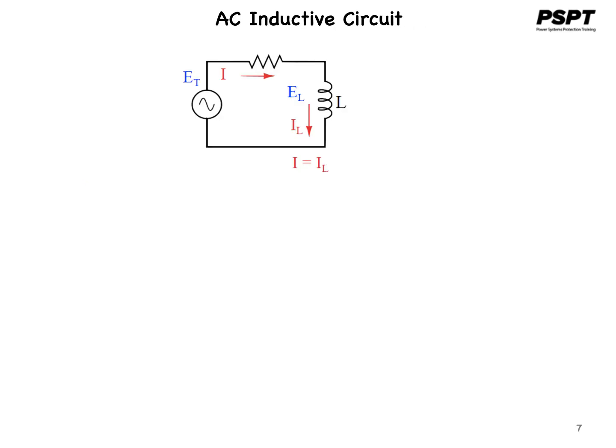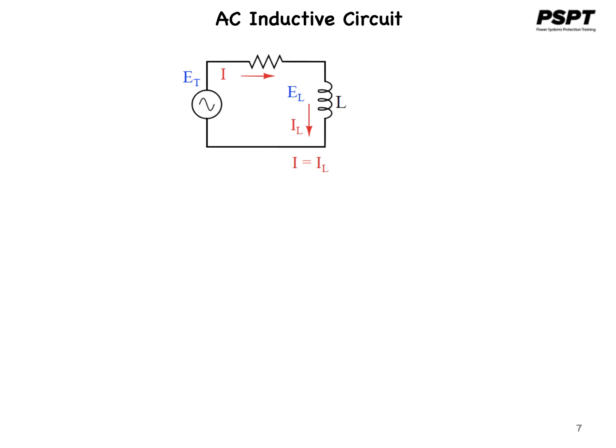This time, we're going to insert a second element in this series circuit, and that passive element is going to be an inductor. Because it's still a series circuit, the current through each of the elements, the resistor and the inductor, is going to be the same.